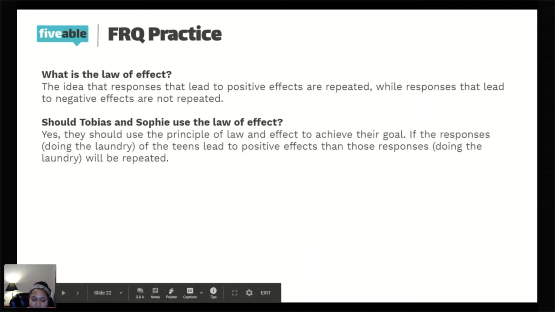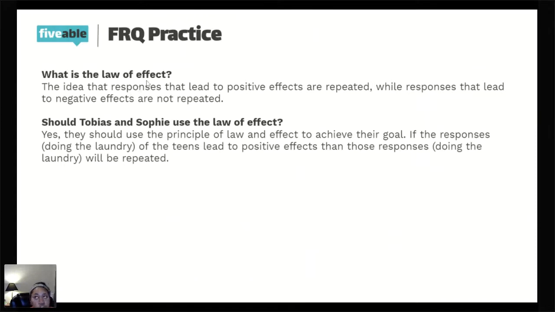Okay, so yes, they should use the principle of law of effect to achieve their goal. If the responses, doing the laundry, of the teens lead to positive effects, then those responses will be repeated. For example, if the teens do their laundry, the positive effects may be that they're praised by their parents. They're like, oh, you guys are such great children. You're doing your laundry.